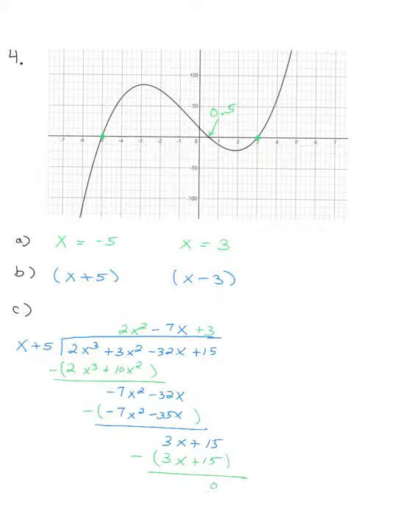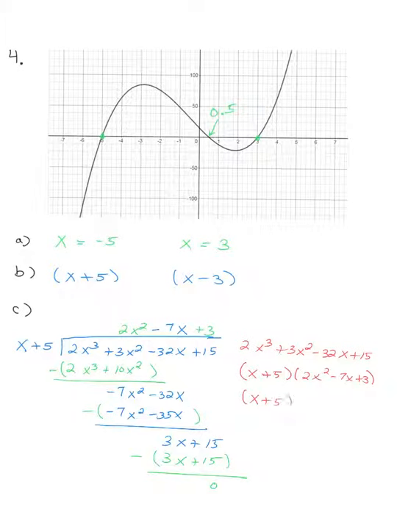So I started with the equation 2x cubed plus 3x squared minus 32x plus 15. When I divided it by x plus 5, I got 2x squared minus 7x plus 3 left over.